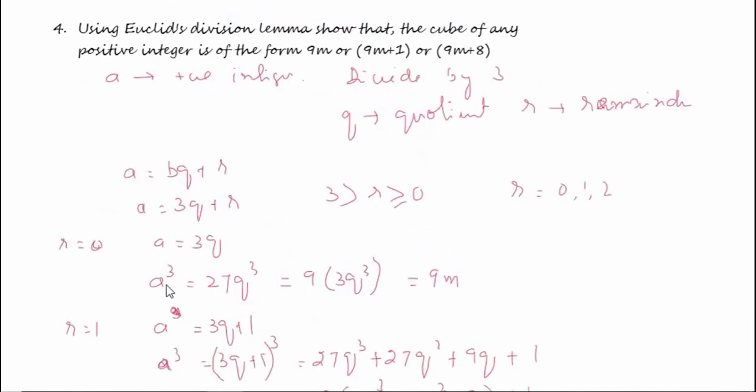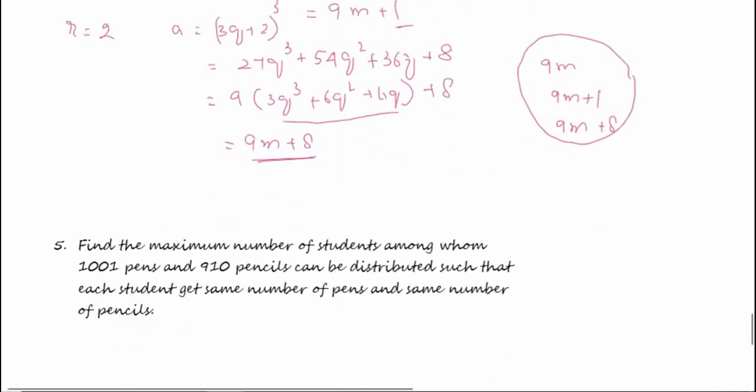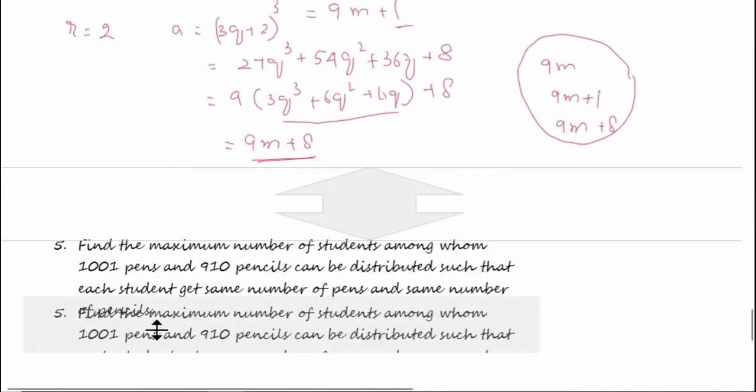So cube of any positive integer is of the form 9m or 9m plus 1 or 9m plus 8. Just like we have shown in the earlier case, here also we can explain what it means.